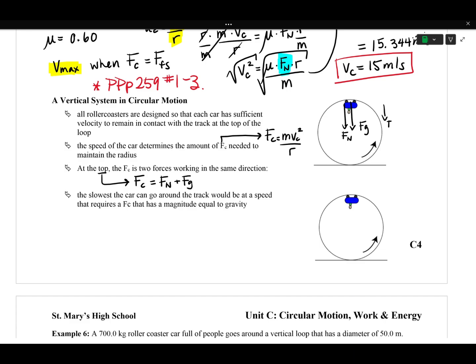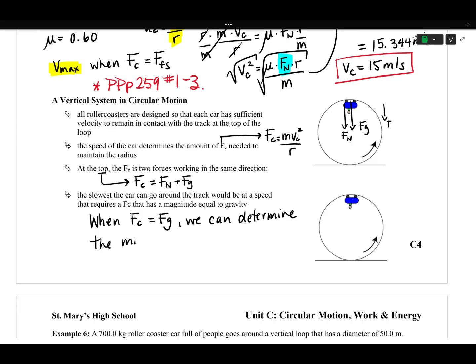So when they want to figure out the minimum speed that you need, they only look at gravitational force as being the centripetal force.